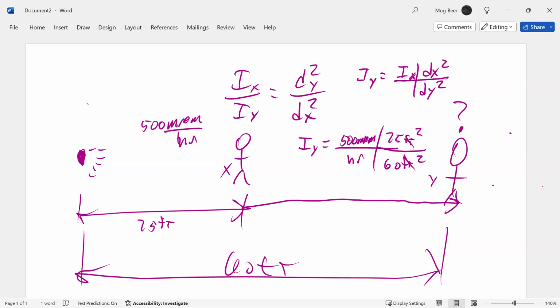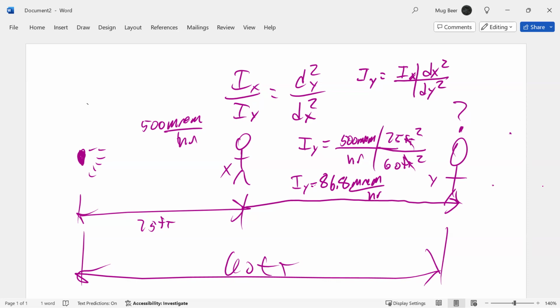And so it's 500 times 25 squared divided by 60 squared. So now instead of receiving 500 millirem per hour, this person is only receiving 86.8 millirem per hour.